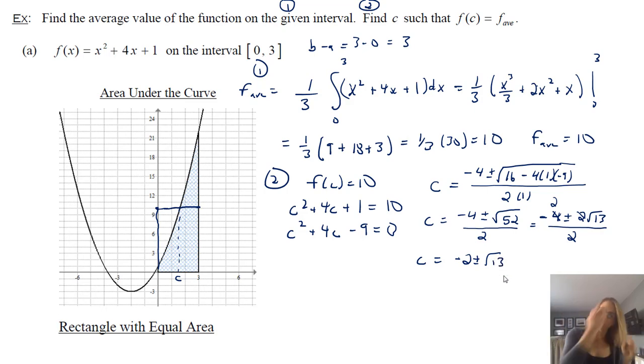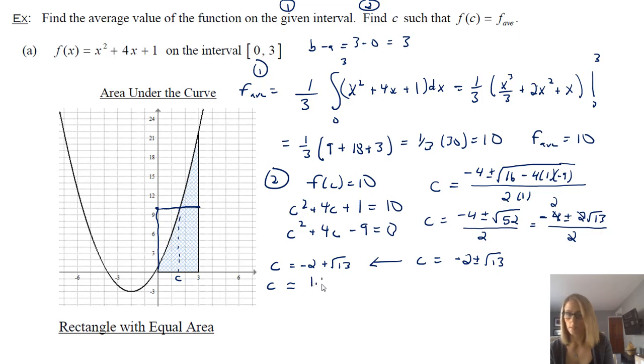Now obviously one of those values is negative, and we're just going from 0 to 3. So our value, I'm going to bring it over here, will be negative 2 plus the square root of 13. And that is about 1.606. So now we have found that c value.